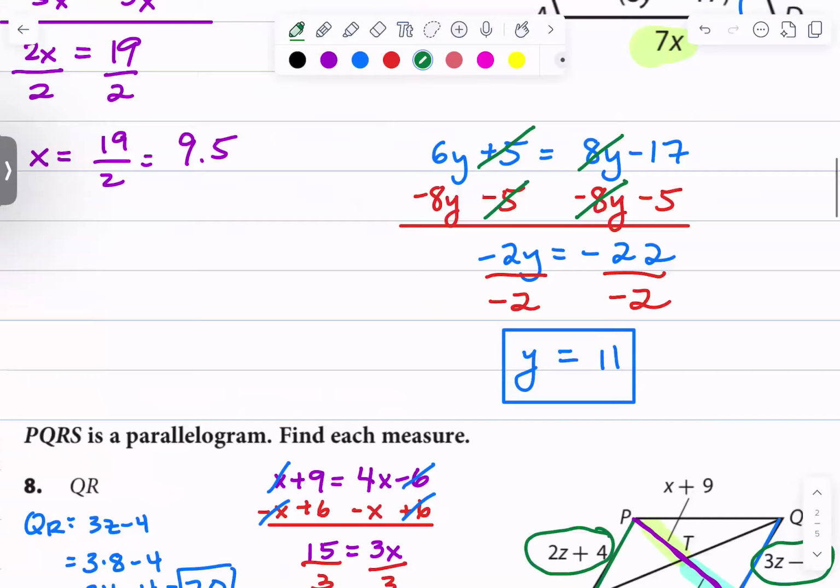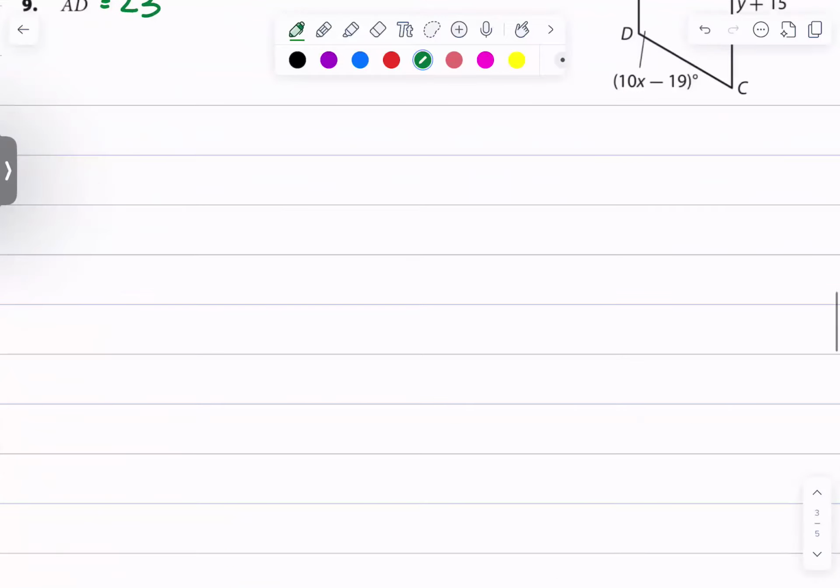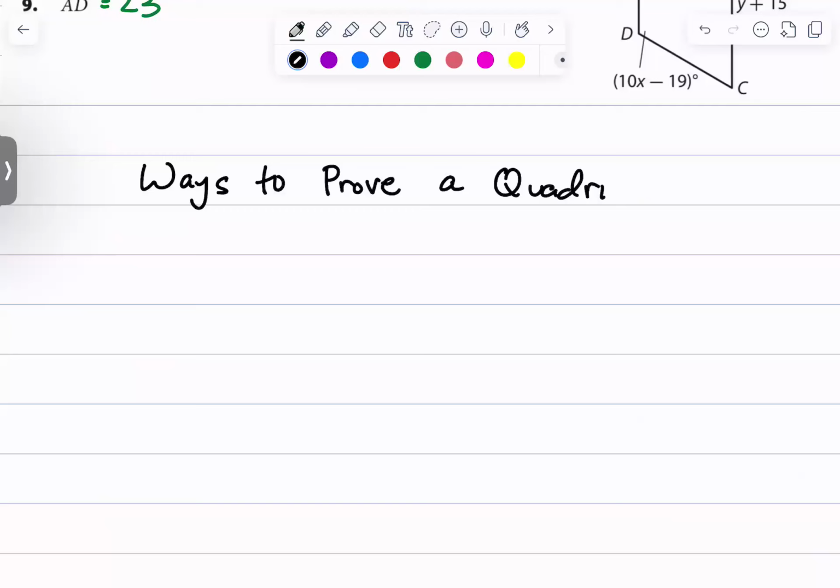Okay. So if we list it out, ways to prove a quadrilateral is a parallelogram.